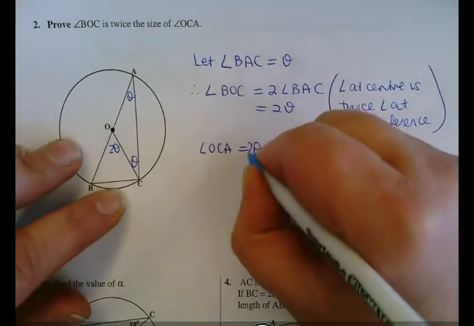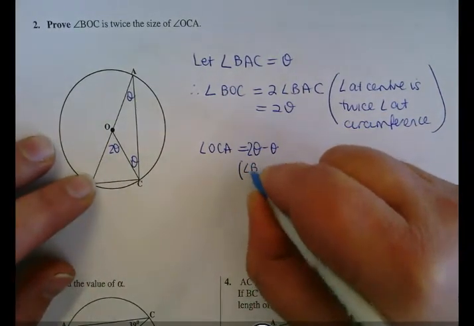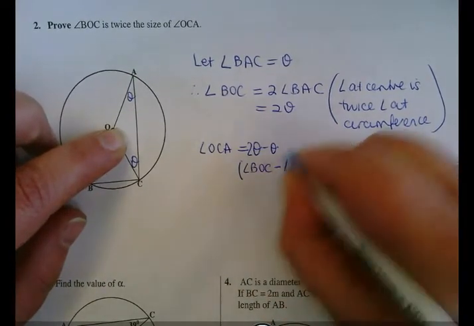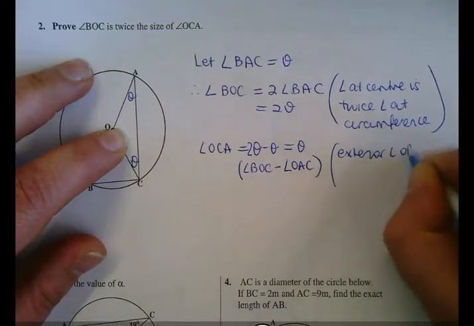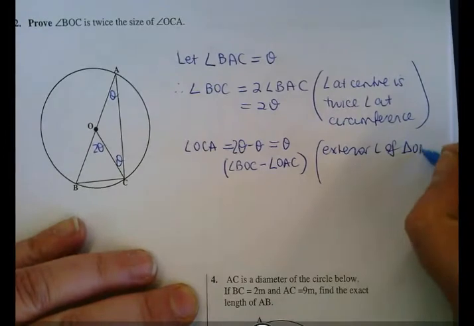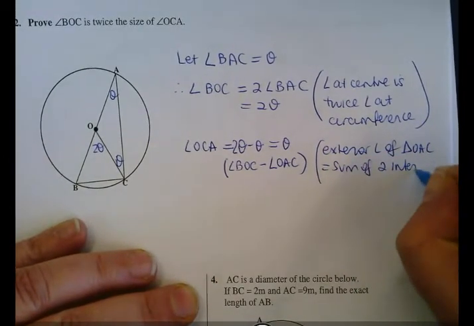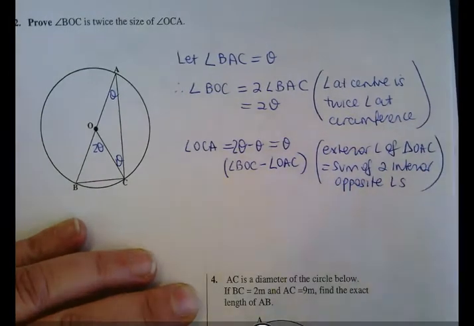So I'm going to put that it's 2 theta minus theta. Actually, I'll put it in brackets how we did it. It's angle BOC minus angle OAC. That's with exterior angle. Exterior angle of triangle OAC equals sum of the 2 interior opposite angles.